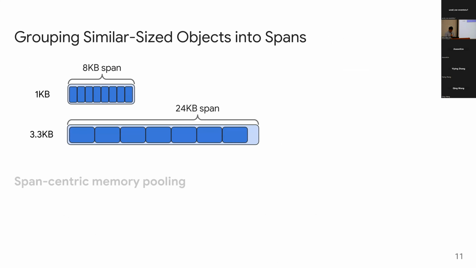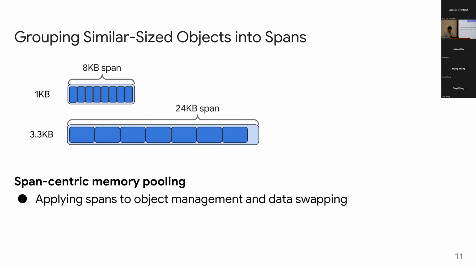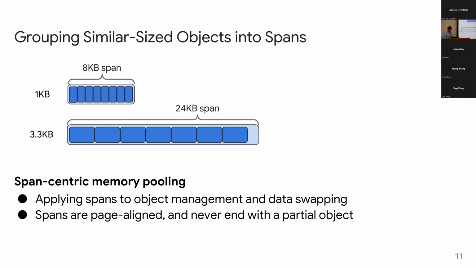We call this approach span-centric memory pooling and apply it to object management and data swapping between the local and file memory. This approach generates spans that are always page aligned and never end up with a partial object, which are easy to manage and apply erasure coding to.